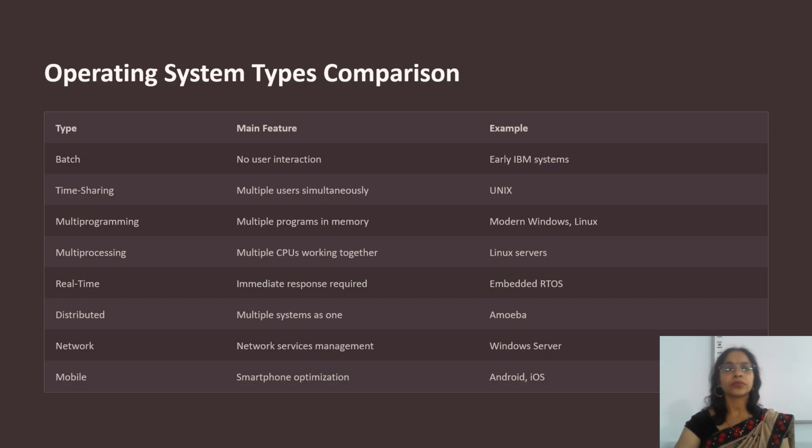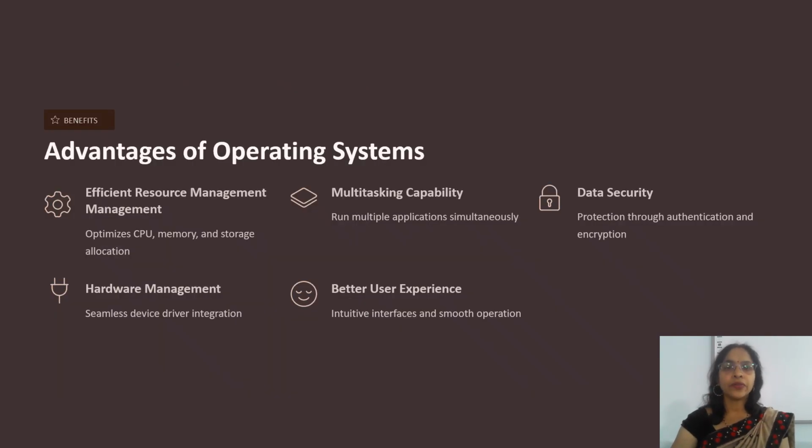Okay. Now, what are the advantages of an operating system? First, efficient resource management. It optimizes CPU, memory and storage allocation. Multitasking capability, that means running multiple application software simultaneously. Data security, it protects against unauthorized access.